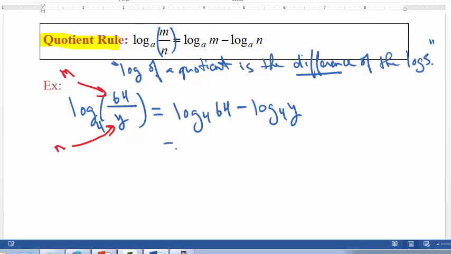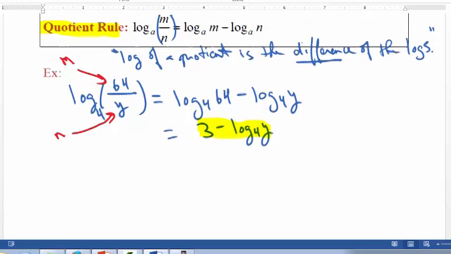And just like in the last situation, log base 4 of 64 is the exact value. 4 to the third power will give you 64, so this is really 3 minus the log base 4 of y. Okay, so that's how that one would simplify. So that's your quotient rule.